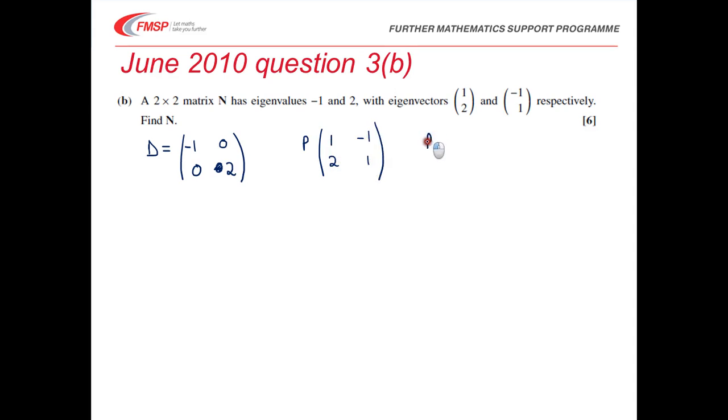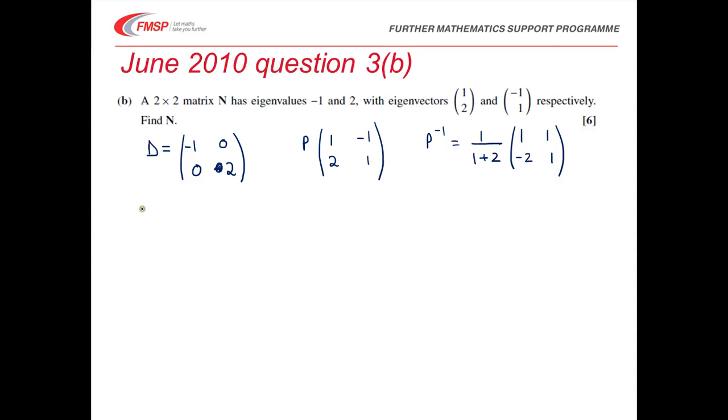I'm then going to need the inverse of that matrix of eigenvectors, so that's 1 over 1 minus minus 2, and swap A and D and change the signs of B and C.